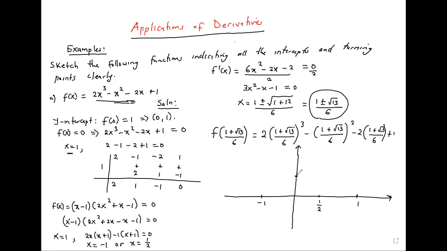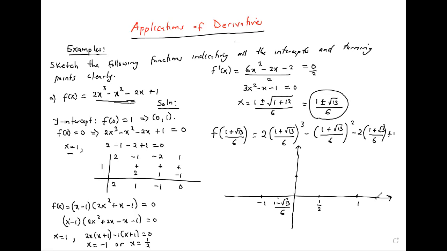And then we have 1 minus root 13. What number is smaller than 1? And then we also have 1 plus root 13. That number is 2 point something.